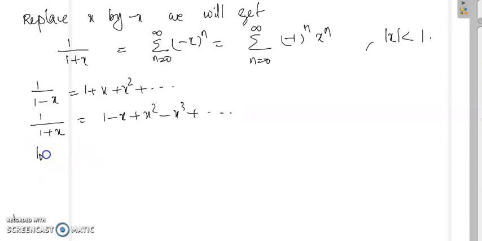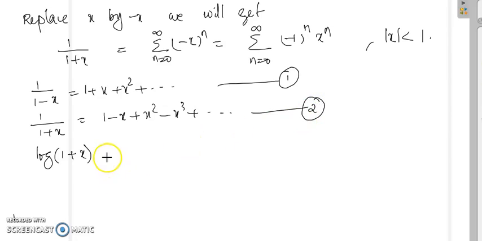Now let us look at the series for log of 1 plus x. So let us call these series 1 and 2.